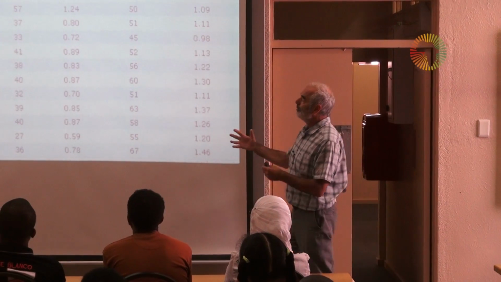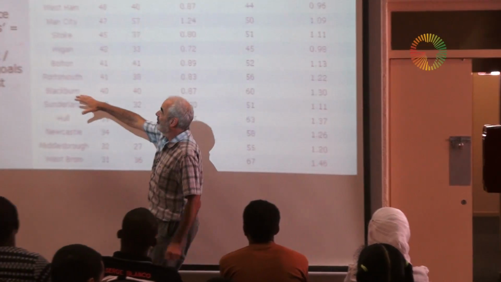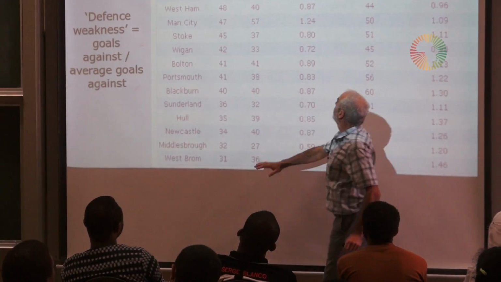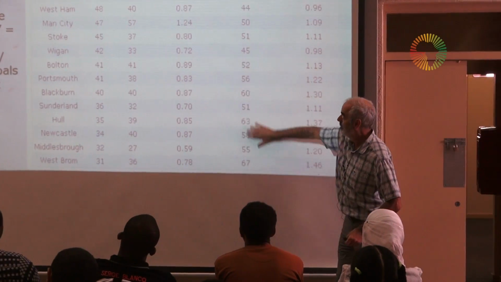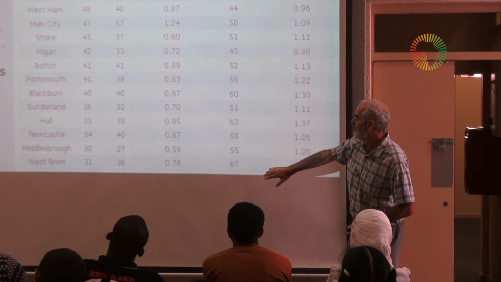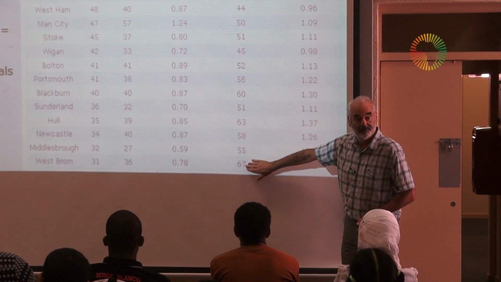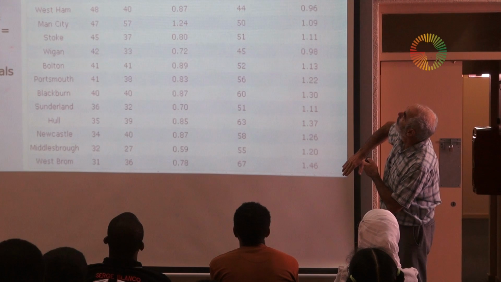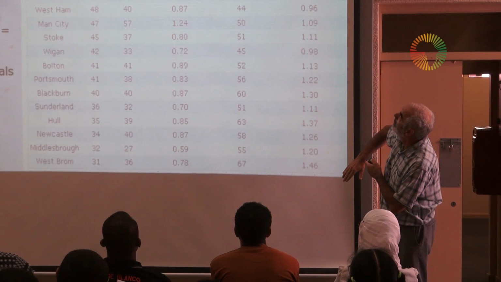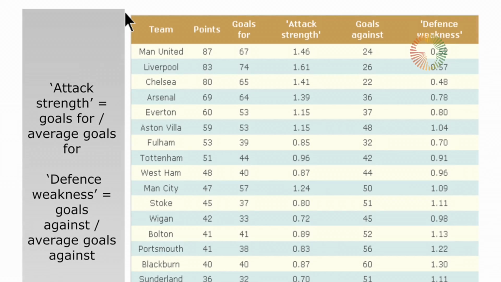Now, if we want to measure how bad a team is in defence, we look at how many goals they've let in over the season. Again, poor old West Brom have let in 67, whereas the lowest here is Chelsea, who have got the best defence, they've only let in 22.